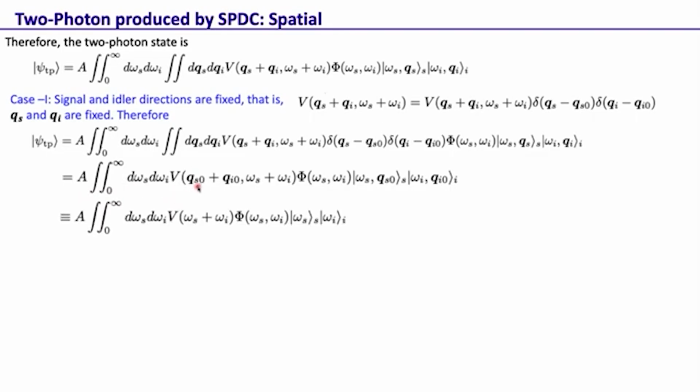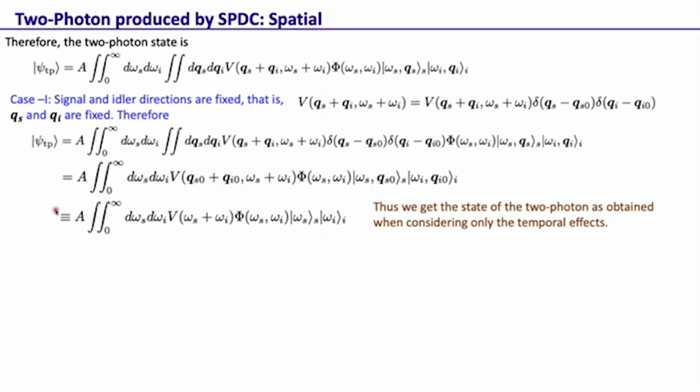And in that case we need not even show these indices qs naught and qi naught, and then the two-photon state is simply given by this integral. So this is basically the two-photon state that we derived in the context of temporal two-photon interference. So that's the same state we have.